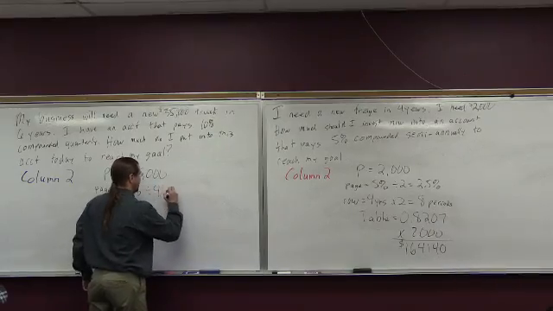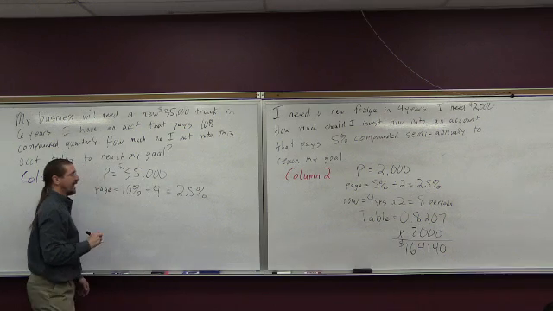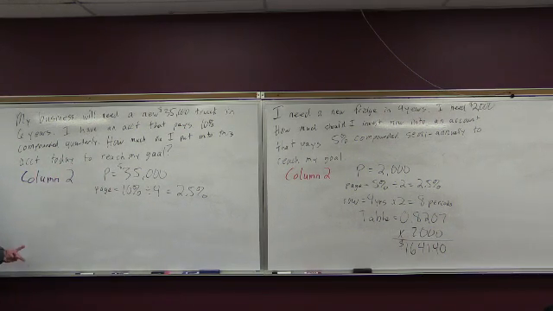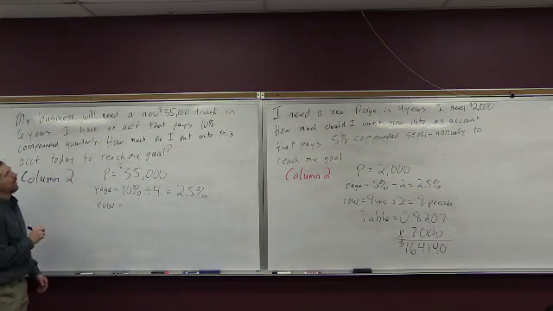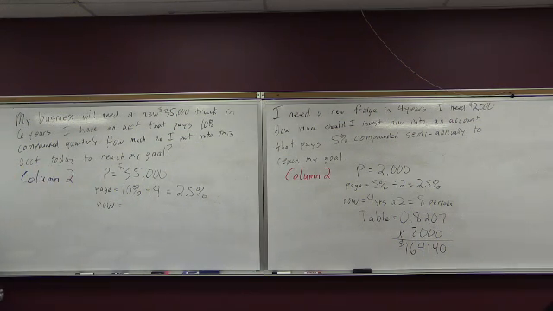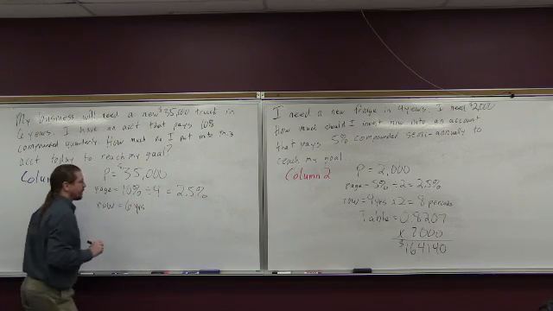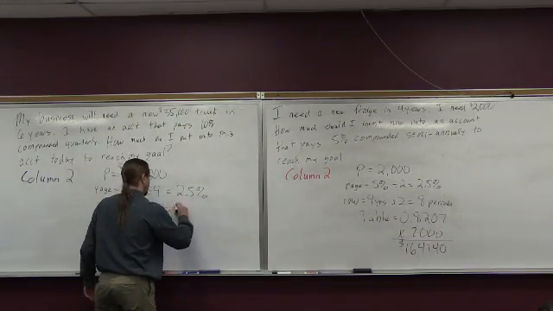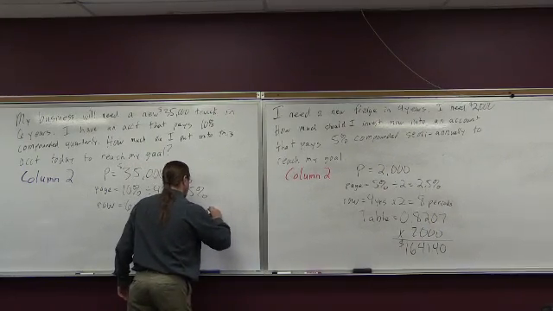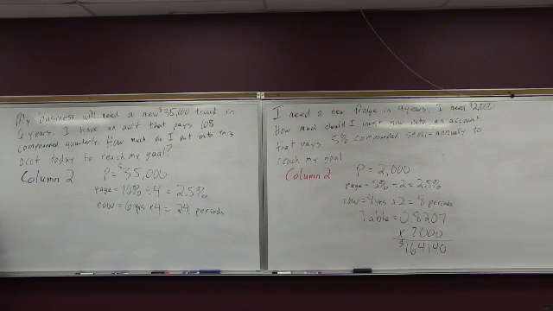Quarterly, divide by 4. I'm going to the 2.5% page. What row? How many years? 6 years. How many quarters per year? 4. There are 24 periods, so you go to row 24.